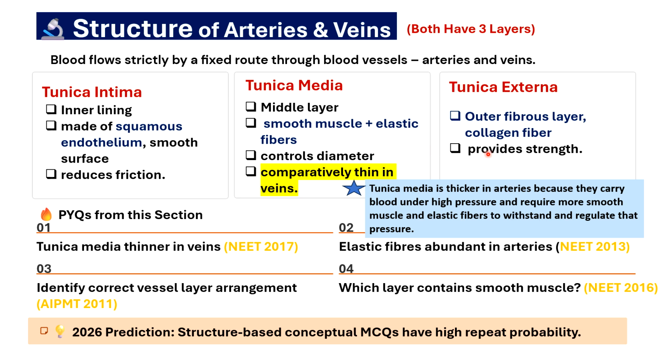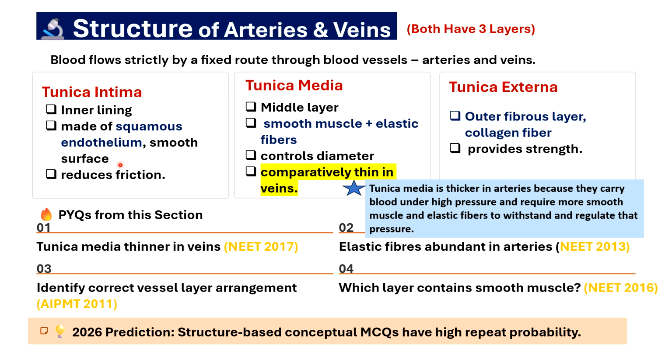Now, there should be something which is able to stop the overstretching of the blood vessels. So, here collagen comes into the picture. The collagen fiber is very tough and it prevents the overstretching of the blood vessels, or it provides strength to the blood vessels, and that is why it is present in the outermost or the tunica externa layer.